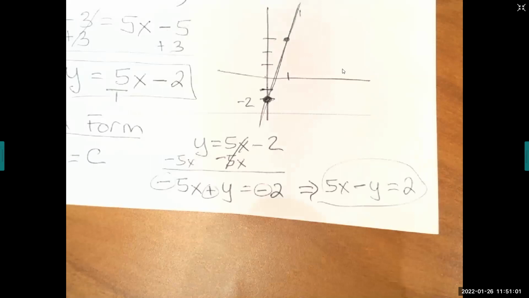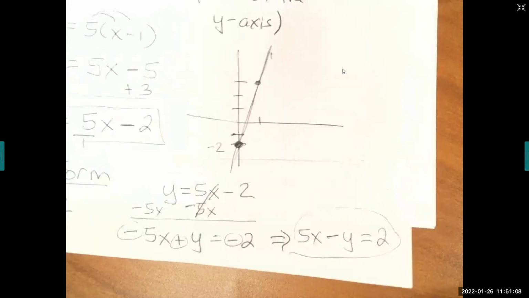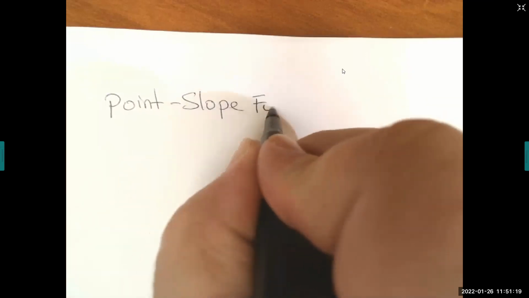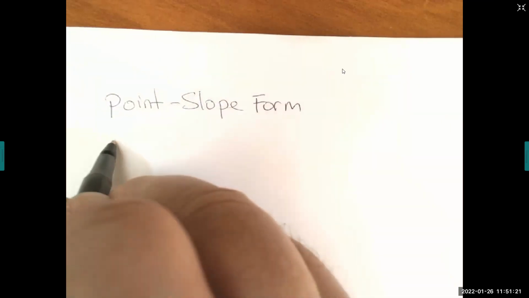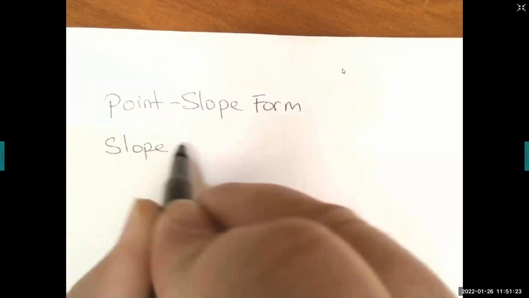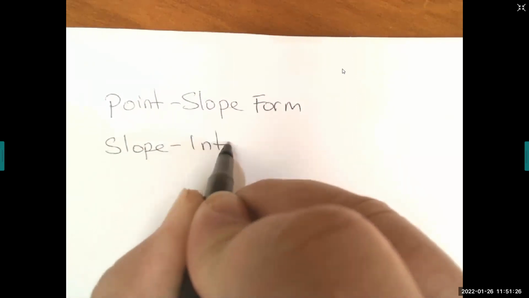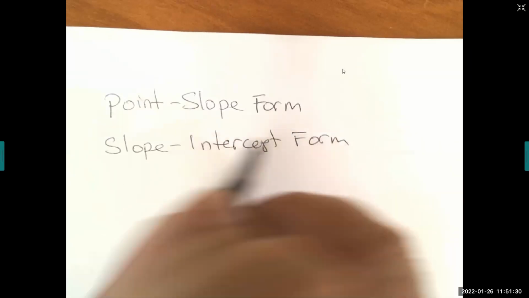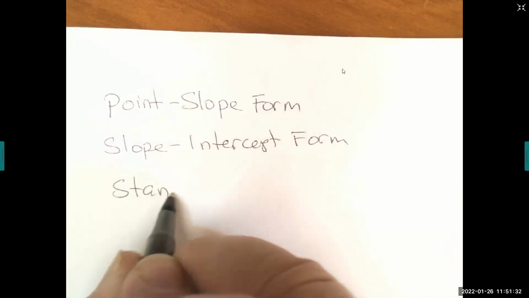Now, any questions about those three forms? Here's the one question I have of you. Let me write them down. You have the point-slope form, the slope-intercept form, and standard.